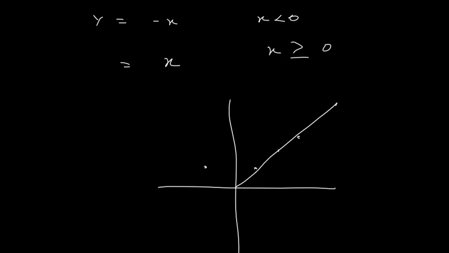When x is minus 2, it is minus of minus 2, which becomes plus 2, and so on. So you can see points like this. When I join them, I will get a curve like this. So this is your y is equal to mod of x, the modulus function.